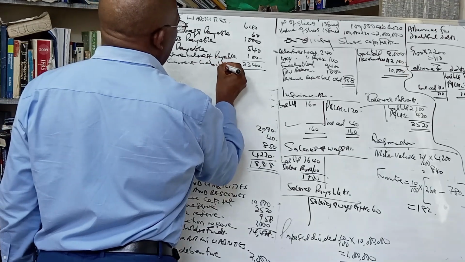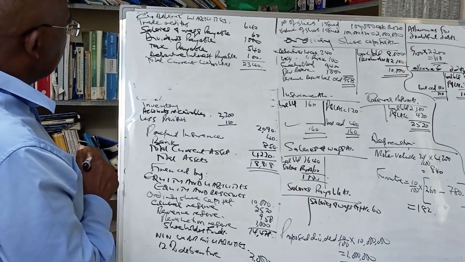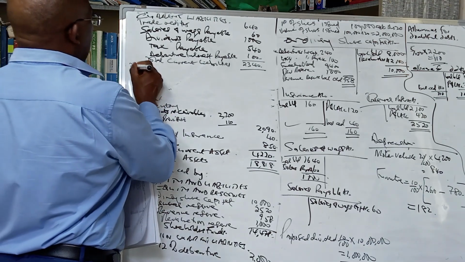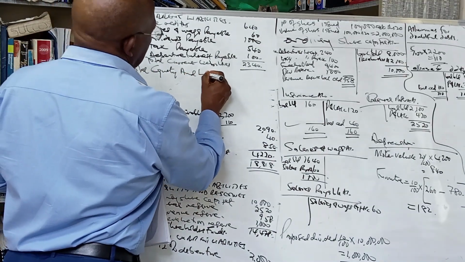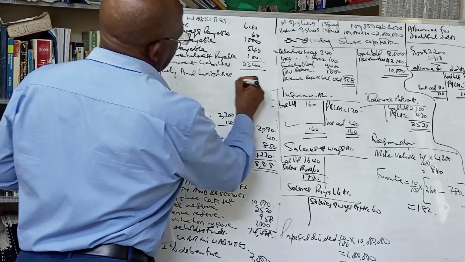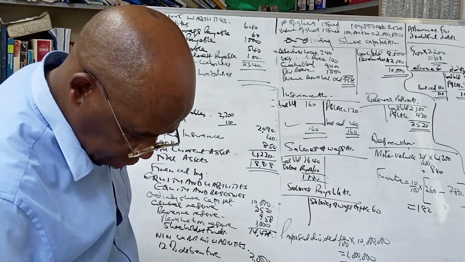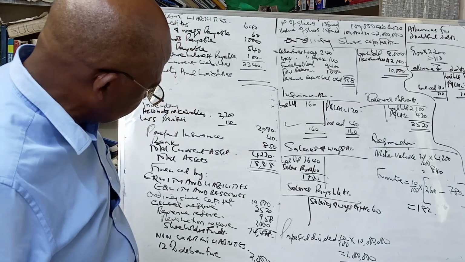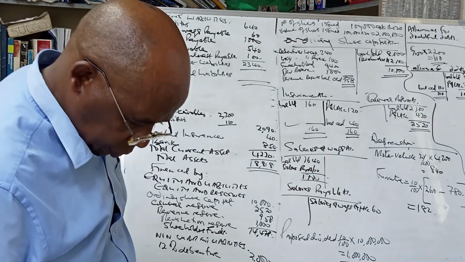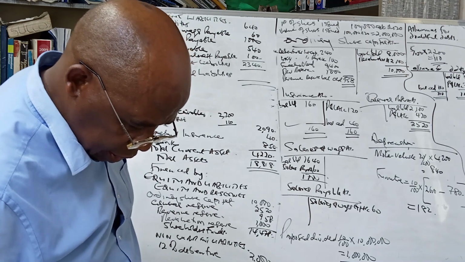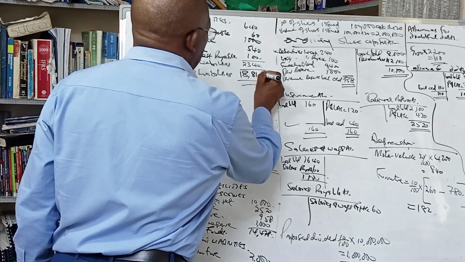So we add the shareholders' funds, non-current liabilities, and current liabilities to get total equity and liabilities. That is 14,478 plus 2,000 plus 2340, which is 18,818.